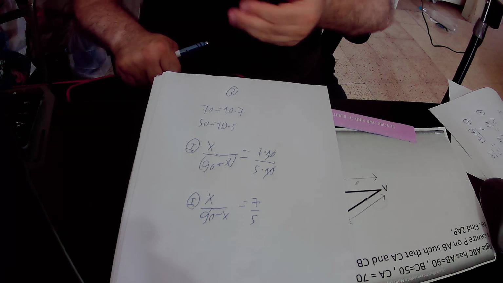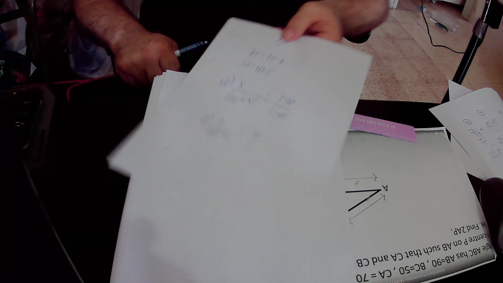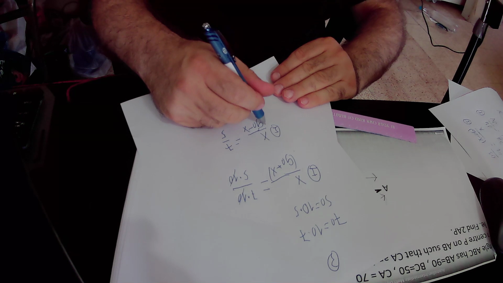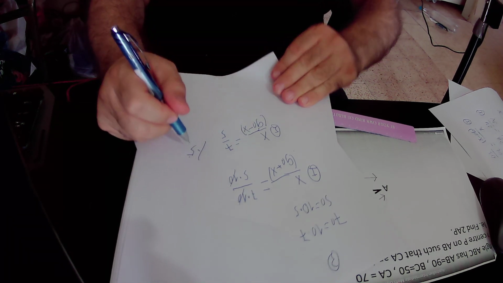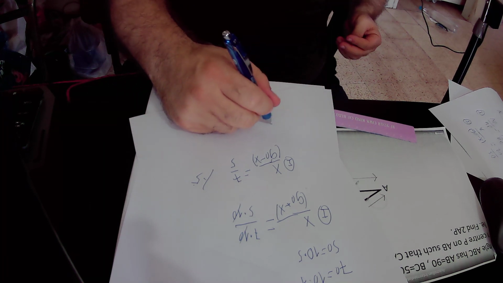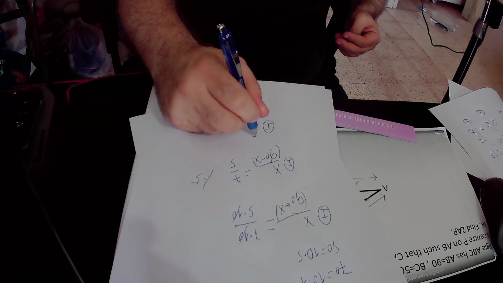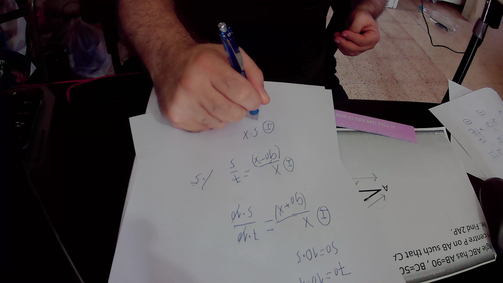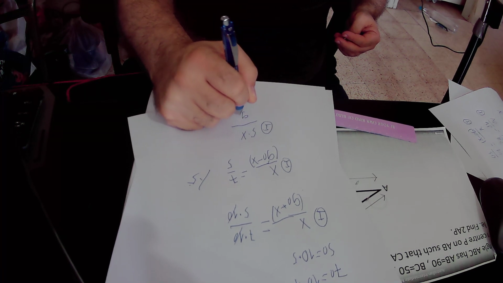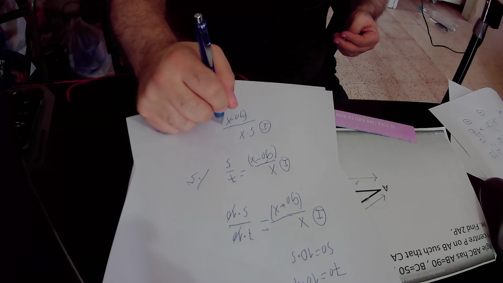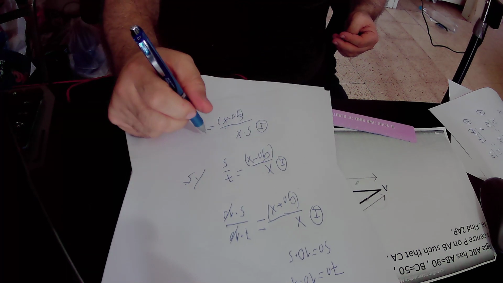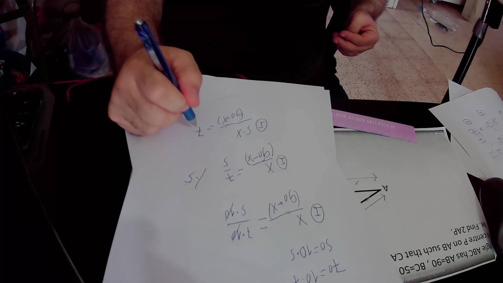Now we can multiply both sides of the equation by 5. We will get that 5 times x over 90 minus x equals 7.